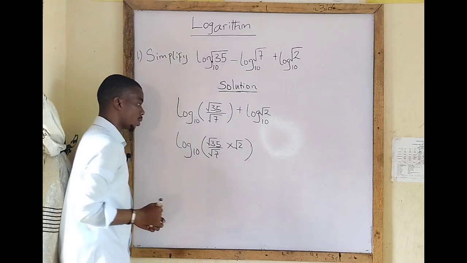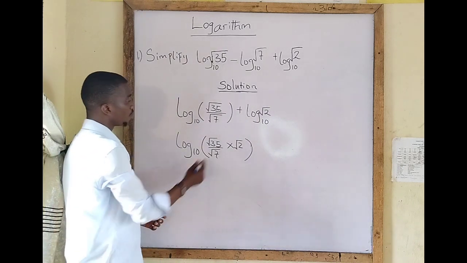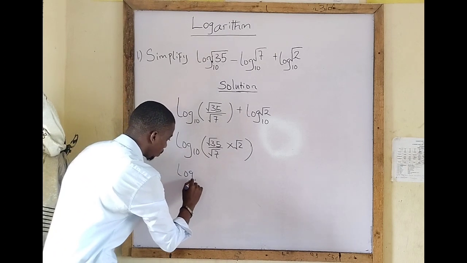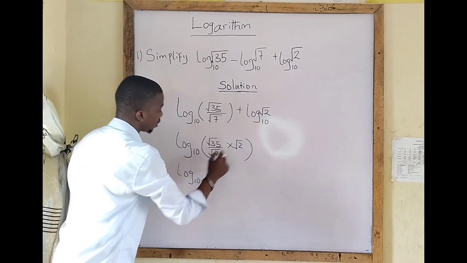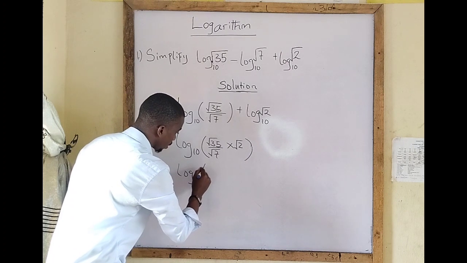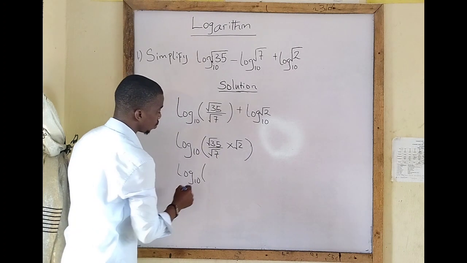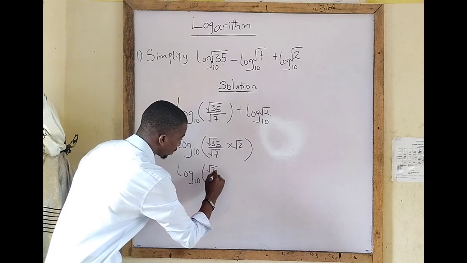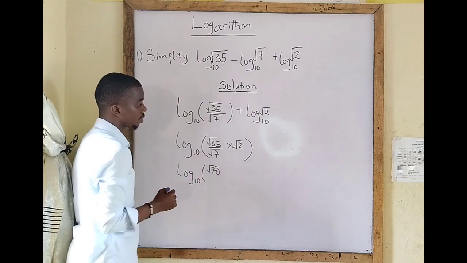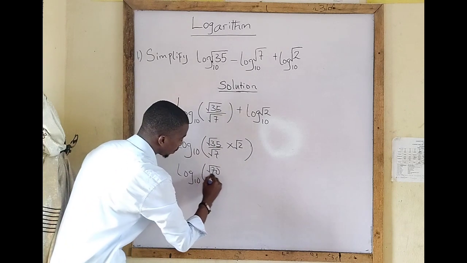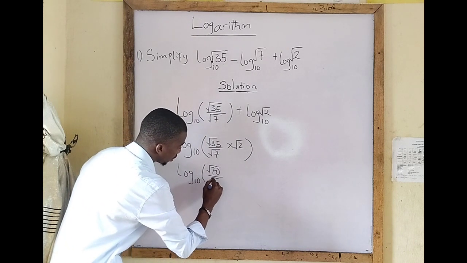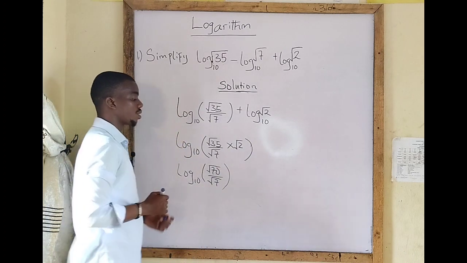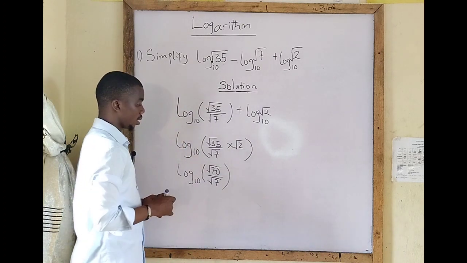If we multiply that, root 35 times root 2 will give us root 70, all over root 7.